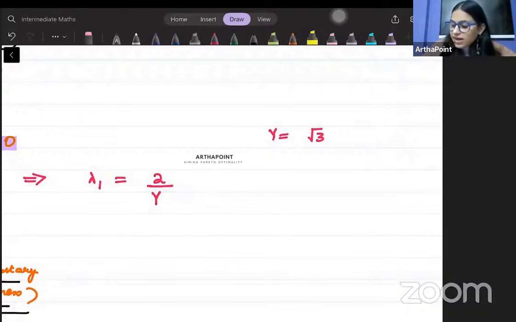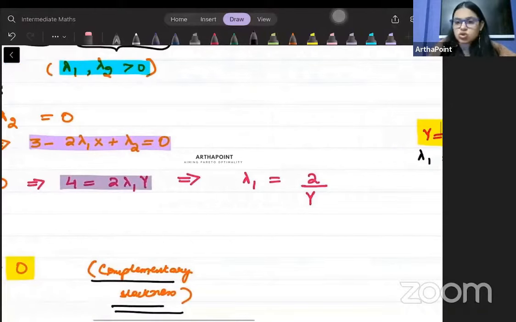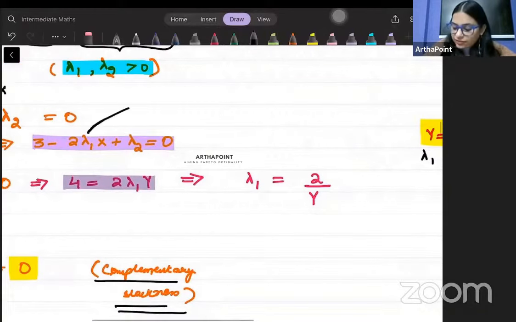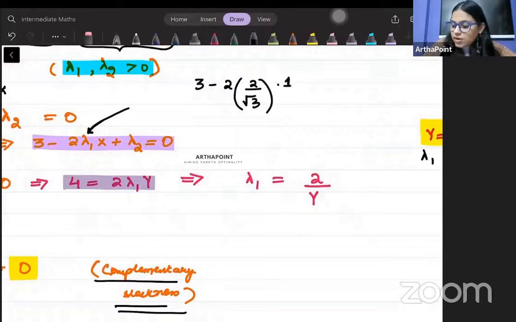Now, if my y is plus root 3, so beta, what will be lambda 1? Lambda 1 will be 2 by root 3. And if lambda 1 is 2 by root 3, I will have to plug lambda 1 here to find out lambda 2. So I will get 3 minus 2. Lambda 1 का value आ गया बेटा 2 by root 3 into x का value था 1 plus lambda 2 equal to 0.